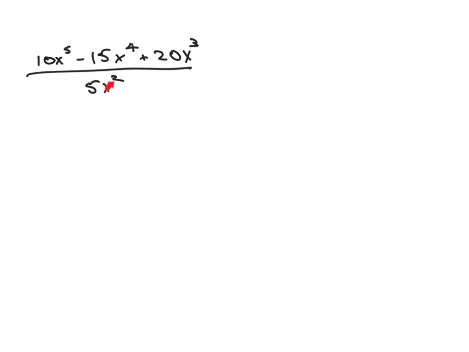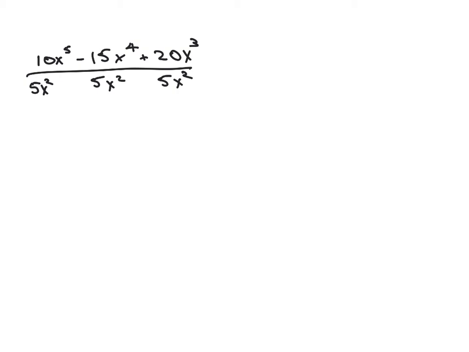One of the things that I do, and the book does it a completely different way, but you know me, I'm going to do something kind of odd. I'm going to put that 5x squared under each one of those.